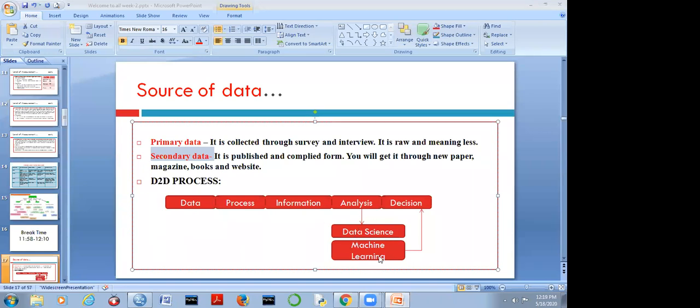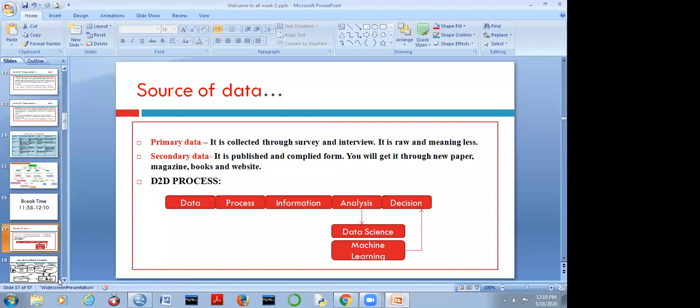So for the complete process, you need statistical as well as mathematical knowledge, plus programming knowledge. Data science is a combination of all: mathematical tool, statistical tool, and programming language. To develop the machine learning algorithm, you need programming. You should know the programs. Got it? Any doubt here?